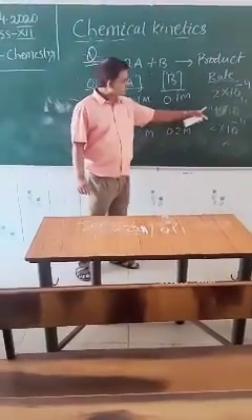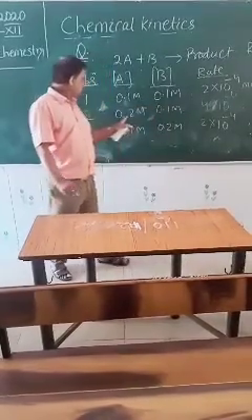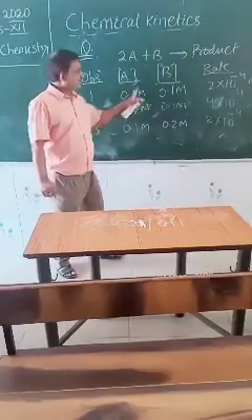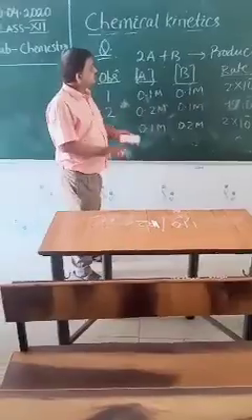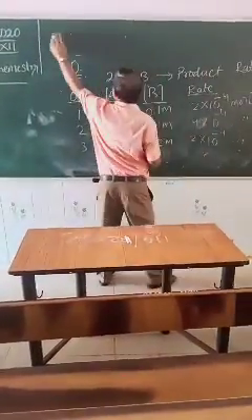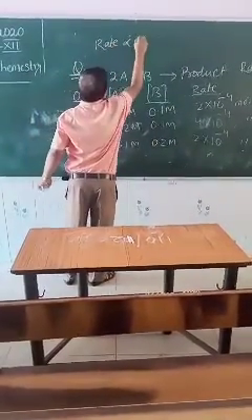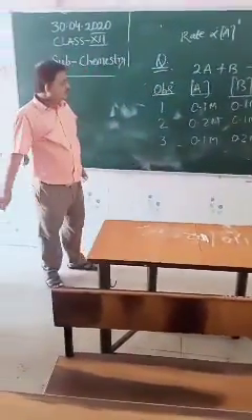That means the rate does not depend upon concentration of B. So rate only depends upon concentration of A. And as the concentration of A is doubled, rate is doubled. That means rate is directly proportional to concentration of A to the power 1.